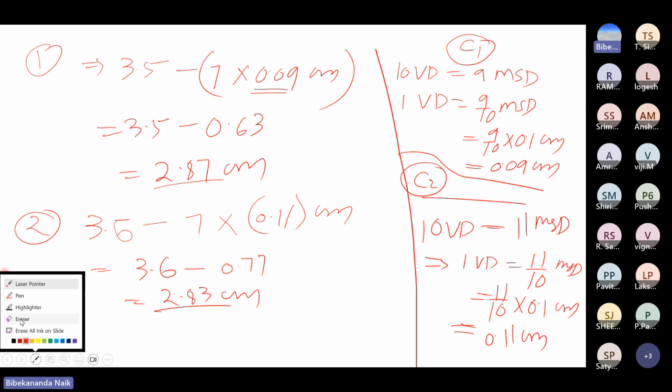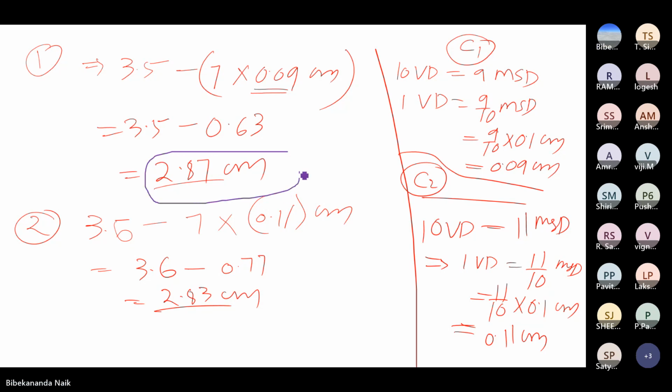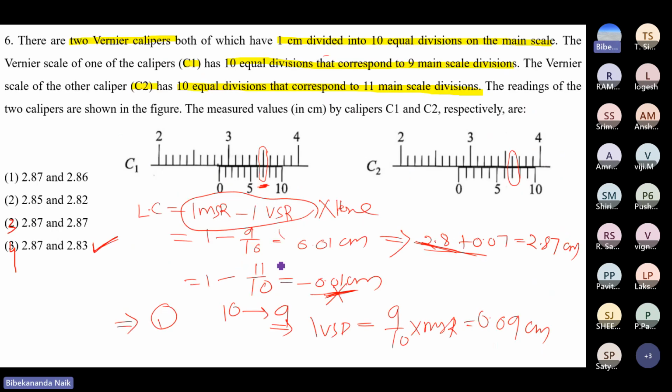This is a very interesting question. I would like you to understand this question very carefully, because this type of question can come in your exams, and these are very good questions from the level point of view. What was the discrepancy in this question? The discrepancy was between the divisions of the main scale and vernier scale. In the first case, 9 divisions were equal to 10 divisions of the vernier scale, but in the second case it was 11 divisions.